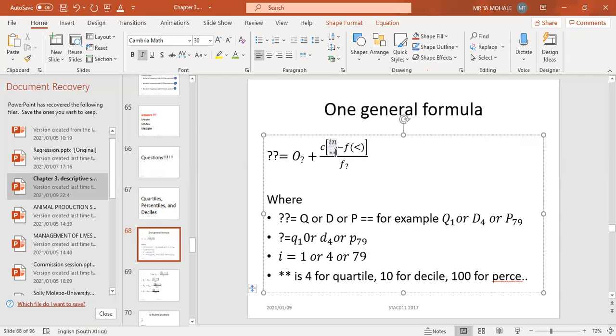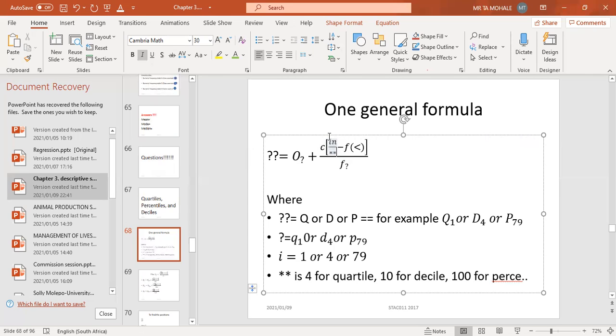With quartiles, you always replace the asterisk by 4. With percentiles, you replace the asterisk by 100. With deciles, you replace it by 10. If they say calculate the third quartile, the asterisk will be 4 and your I will be 3, because third quartile is quartile number 3.